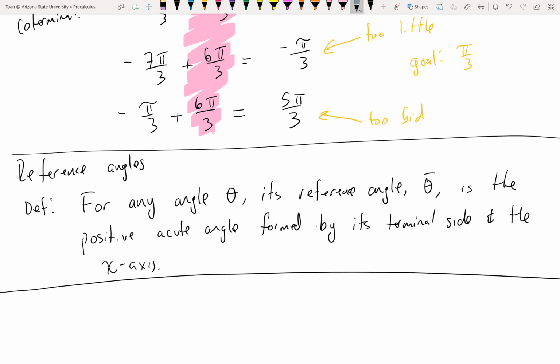Key ideas in this definition: the reference angle is always going to be positive and acute. Acute means smaller than 90 degrees.